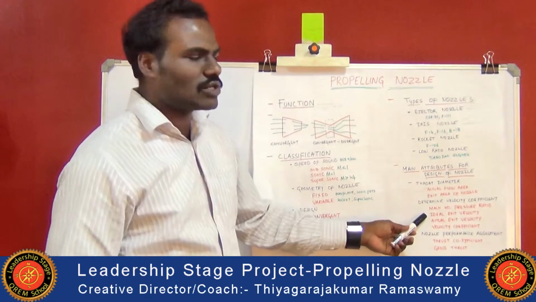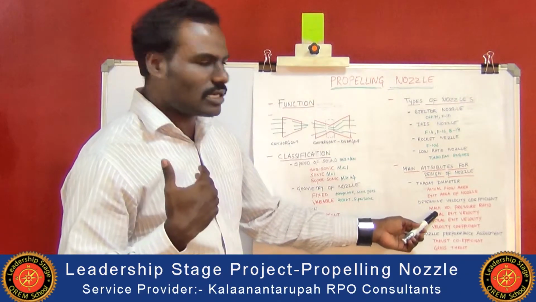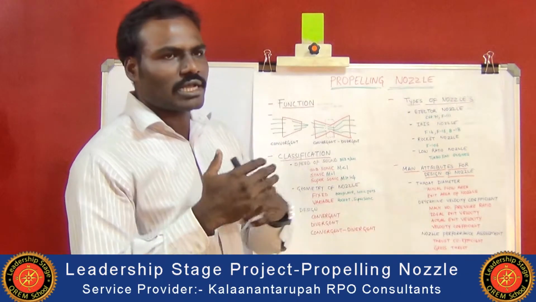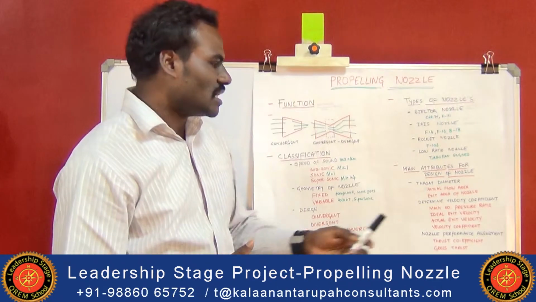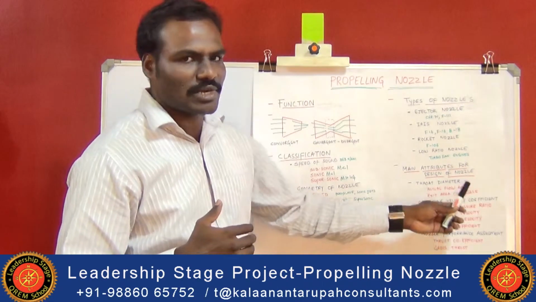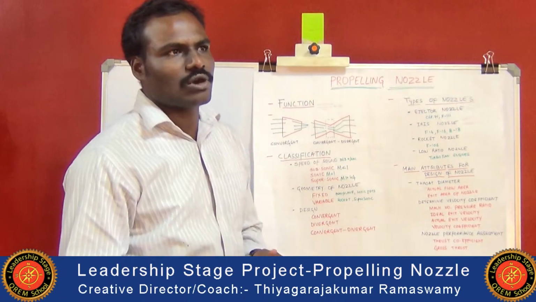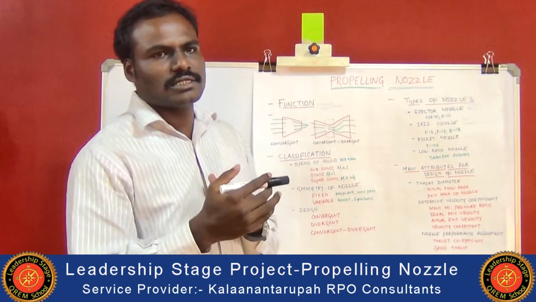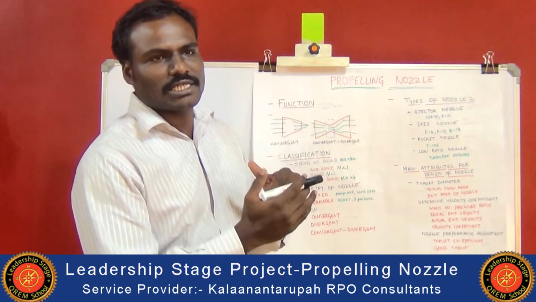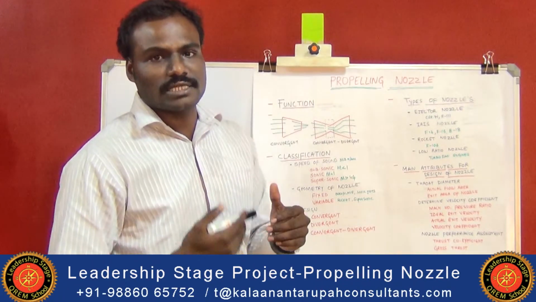With respect to the gas table, we can find out the Mach number and what kind of speed it has to travel at. With respect to the speed, we calculate the Mach number as well as the pressure ratio. Pressure ratio is the ratio of the exit pressure at the nozzle to the atmospheric pressure, that is, the ambient pressure.